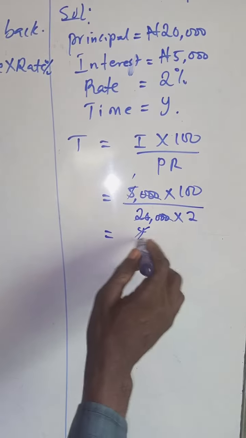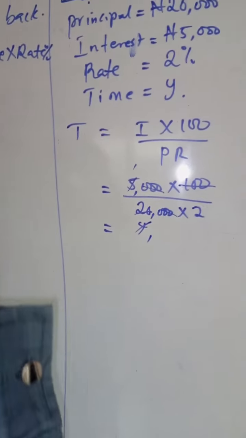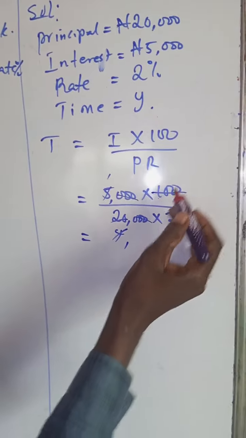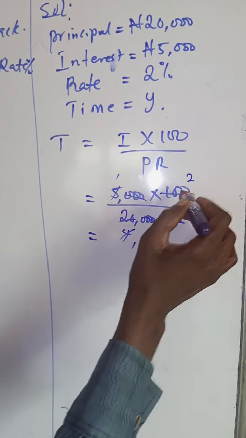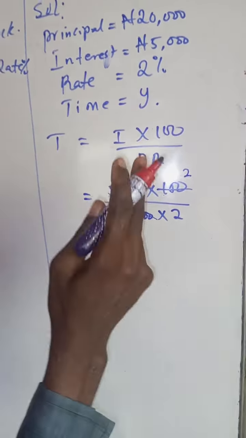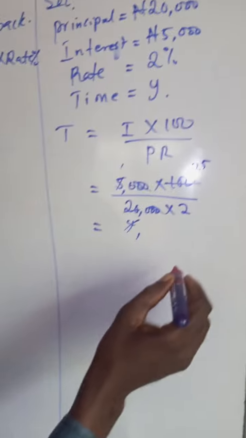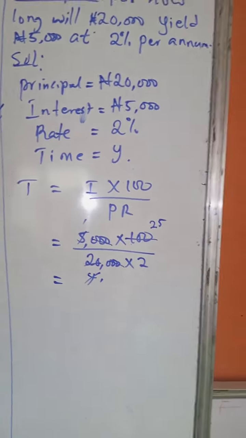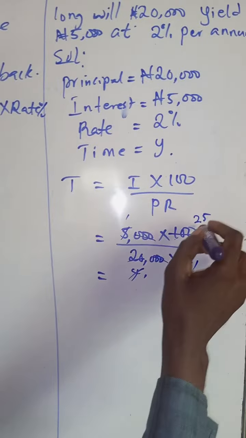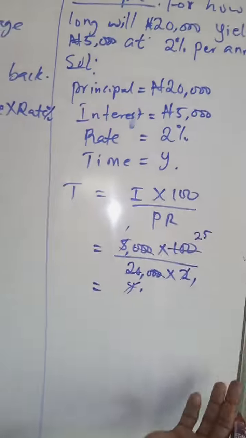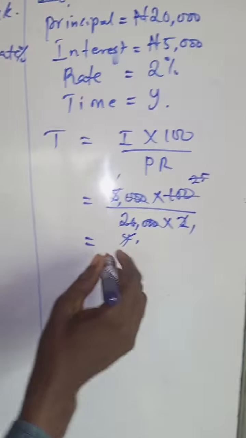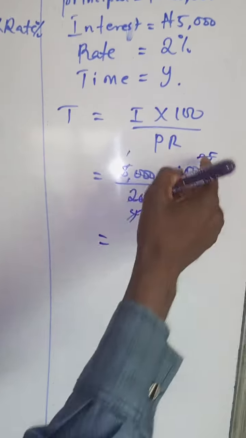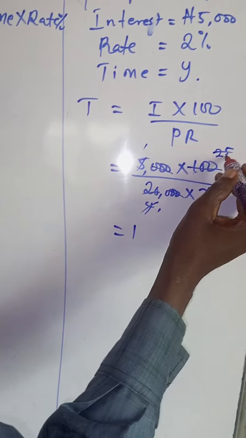Right. 4 in 100, 5, 4 in 22, 10, 2. Remains 25. Yes, in 25. You can divide them. 2 into 1, 25.